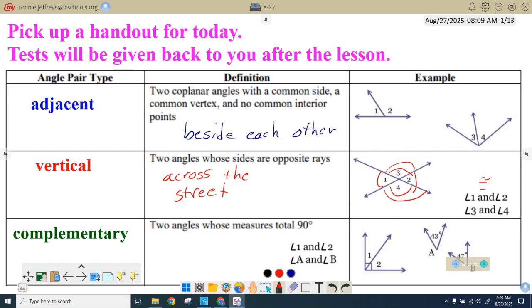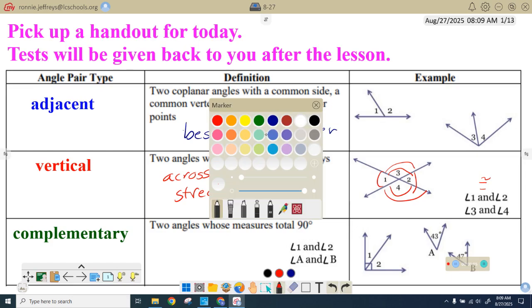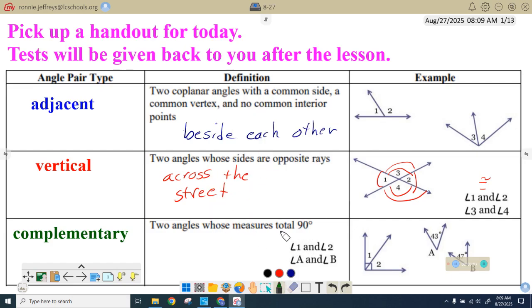All right, complementary. These are not nice angles. They add to 90 degrees. Every time I've taught geometry and we've done complementary angles, they're like, oh, they're so nice to each other. Hi, angle, your hair looks so great today. And I'm like, no, that's not actually what it means.